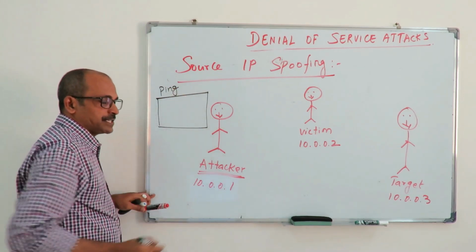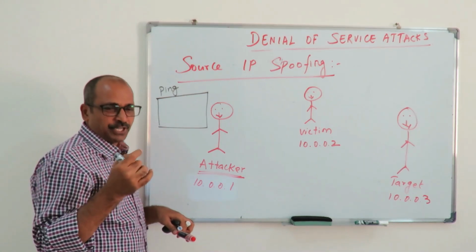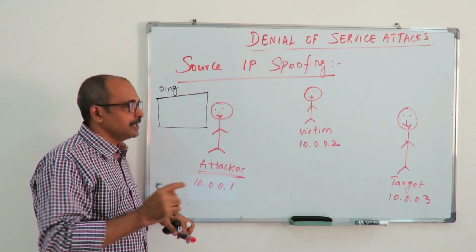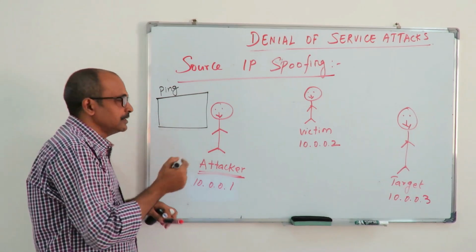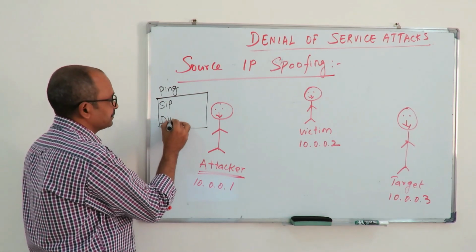Do you know what a ping packet is? If you send a ping packet, you are going to get a reply. Echo request, echo reply. So he is creating a ping packet with a source IP address and destination IP address.